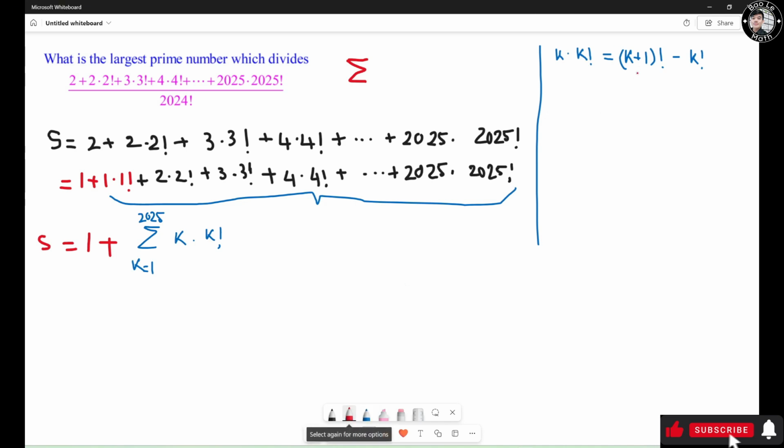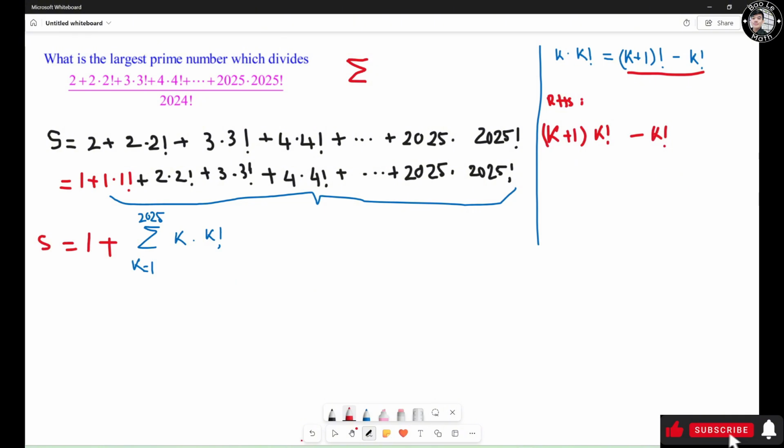I'm going to start from the right hand side. (k plus 1) factorial is the same thing as (k plus 1) times k factorial, and I just rewrite the k factorial.